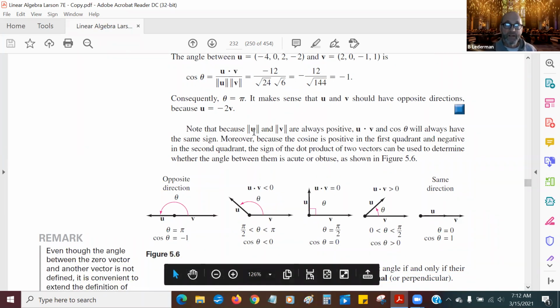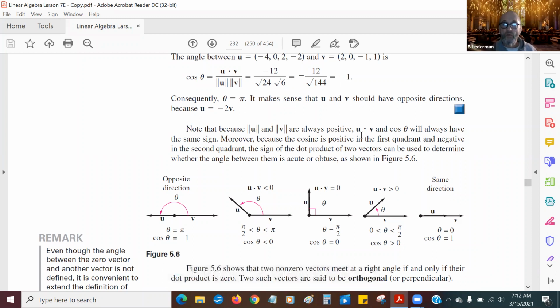The magnitudes are always positive. We discussed that already. So that means that u dot v and cosine theta are either both positive or both negative, because I'm taking u dot v and dividing it by a positive number. In other words, u dot v and cosine theta are always going to have the same sign.